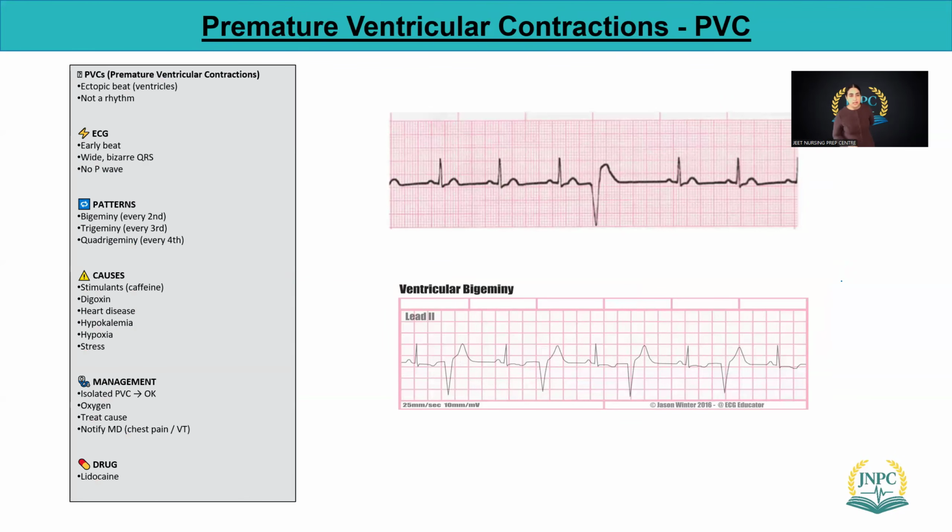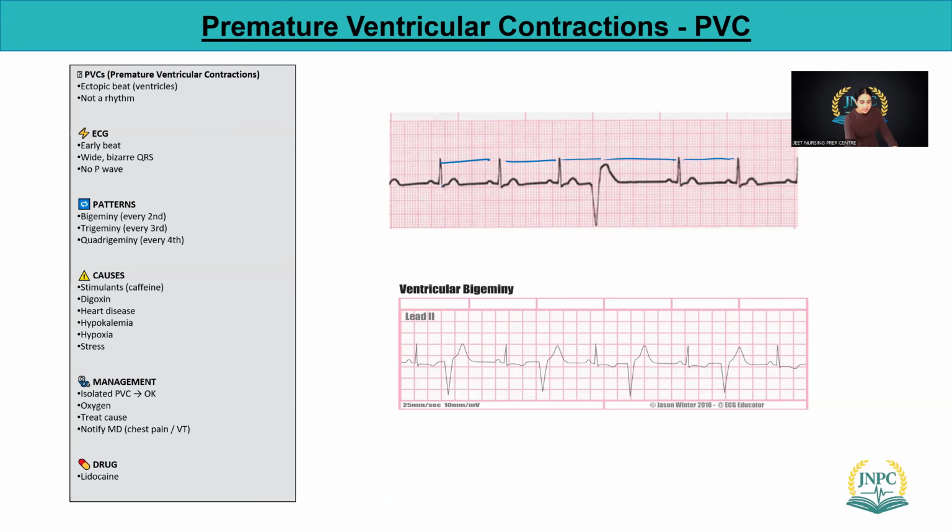Okay, so this is another one, PVC. We're not worried about it much. Okay, so look at that. What is happening? Premature ventricular contraction. What is happening here? Normally, first of all, ask the same question. Is it normal?